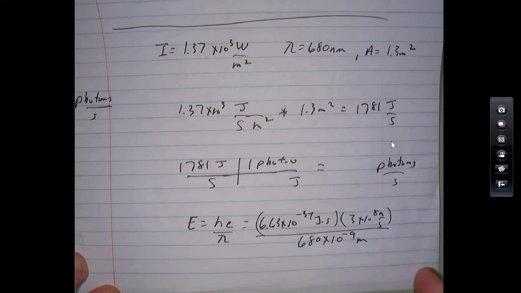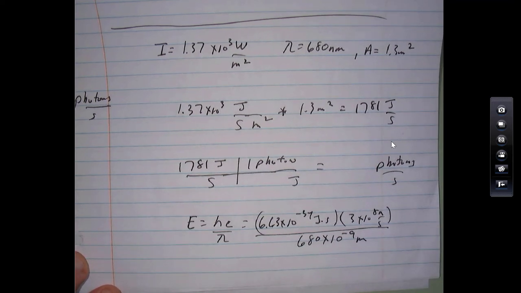If you look at this, it will come out in just joules. This meter cancels with that meter, that second cancels with that second. So this will be the energy in joules for just one photon.